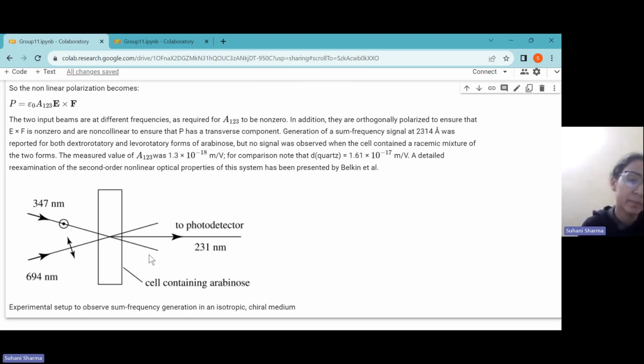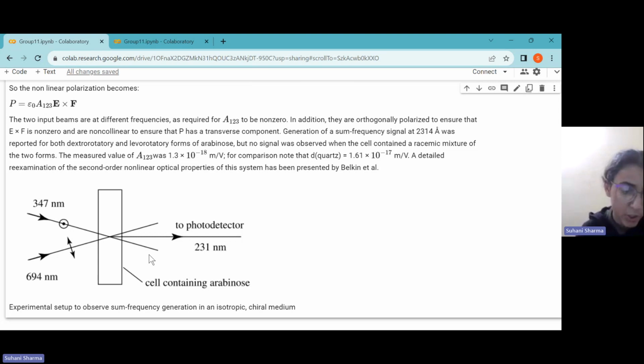And to put it in perspective, the value for quartz, a well-known material, was approximately 1.61 times 10 raised to power minus 17 millivolt.